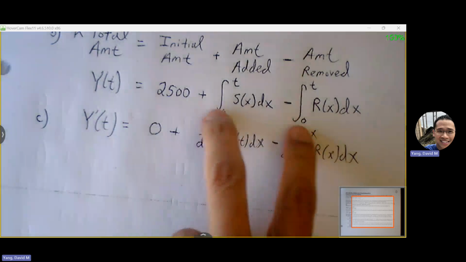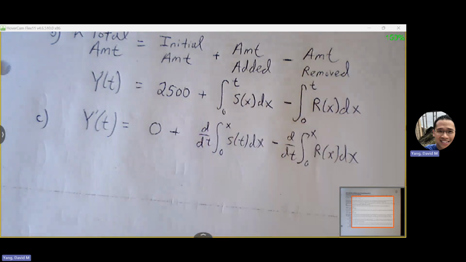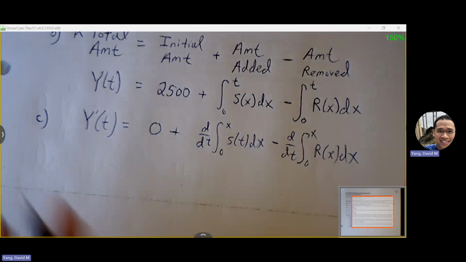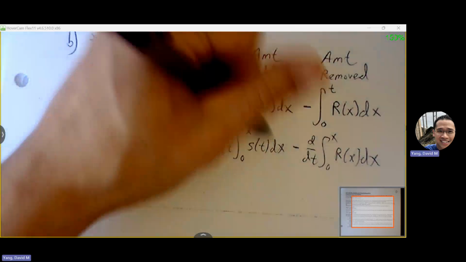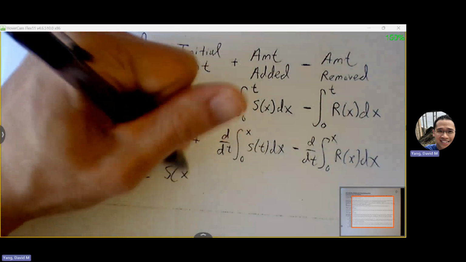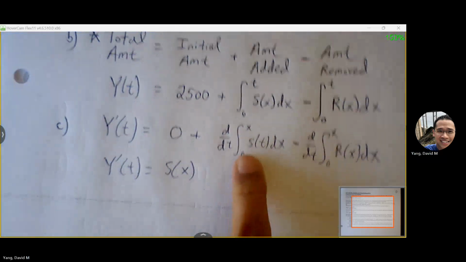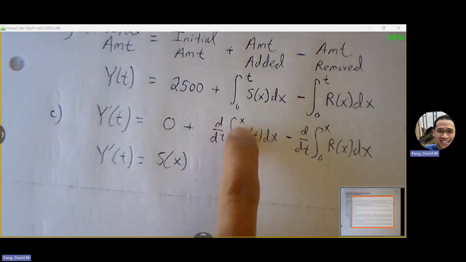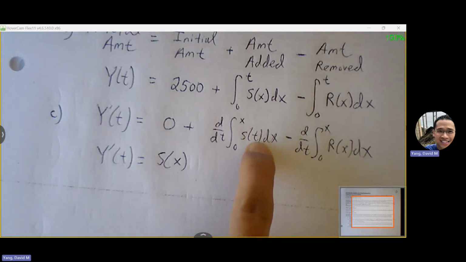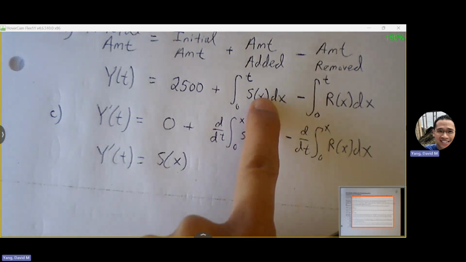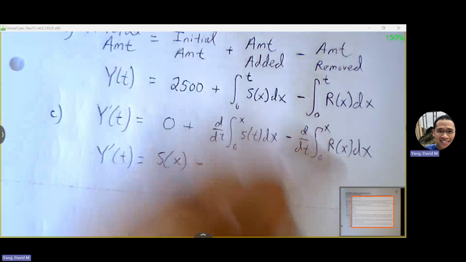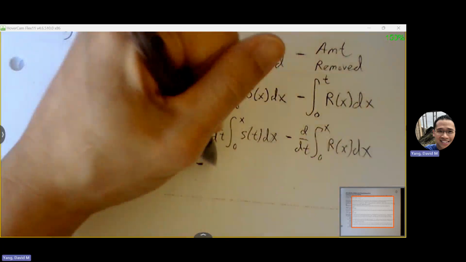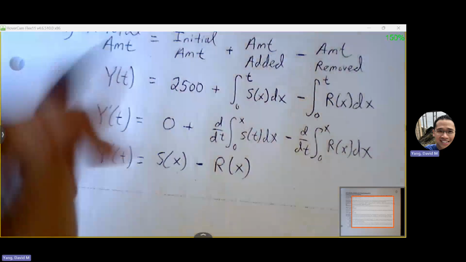So my y prime is just going to be s of x, right? We know second theorem, these wipe out. I just plug the upper bound into the function. Now my integral has been brought down to the function level. Minus, and then this will just turn into r of x.